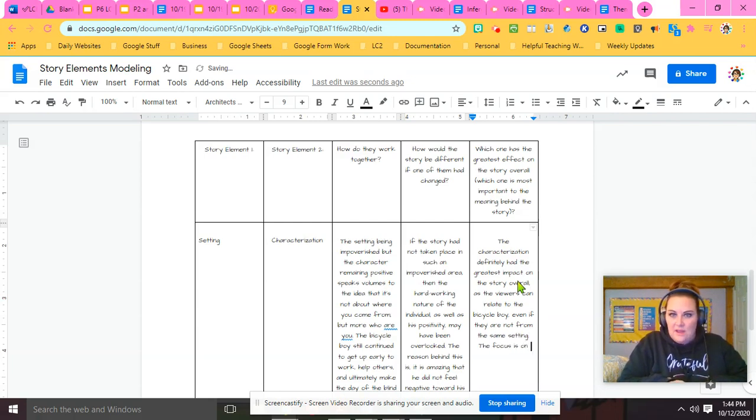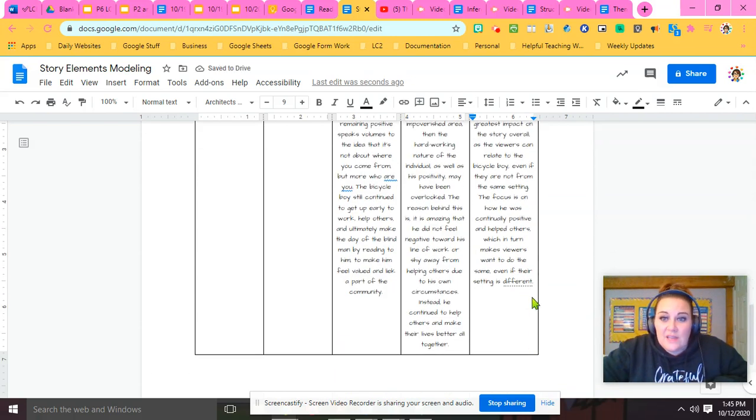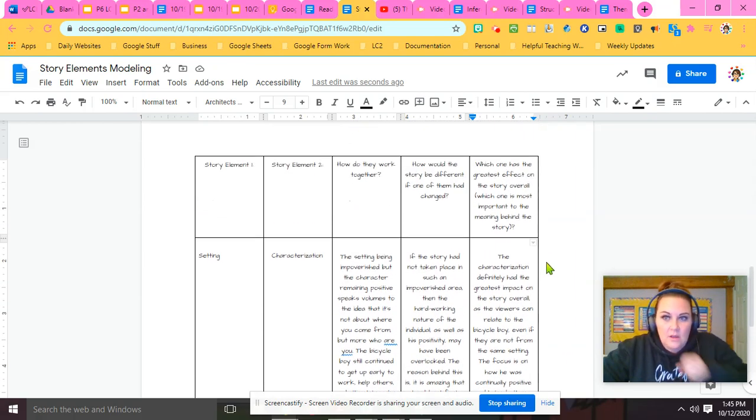The focus is on how he was continually positive and helped others, which in turn makes viewers want to do the same, even if their setting is different. So usually I say setting is the most important. Usually that's my response here, but I really think the characterization helped the most, right? Because even if we can't relate to the setting that he's from, we can still relate to the characterization of always wanting to be the best version of ourselves that we can.